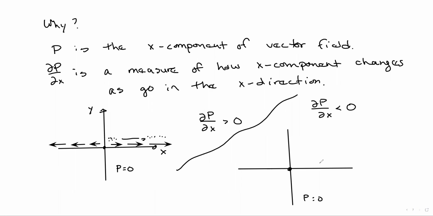That just means that you should have larger and larger arrows pointing to the left as you move in the x direction. So we should see a short arrow, a longer arrow, and a yet longer arrow, and then the opposite on the other side.